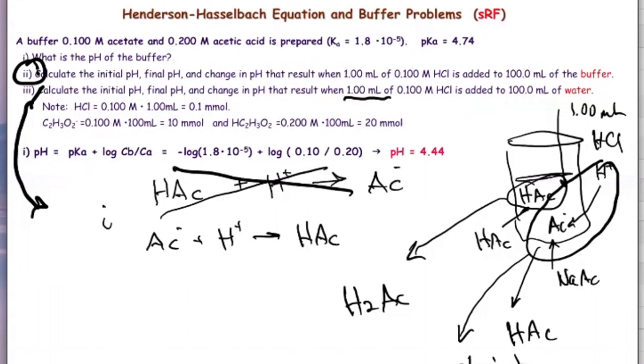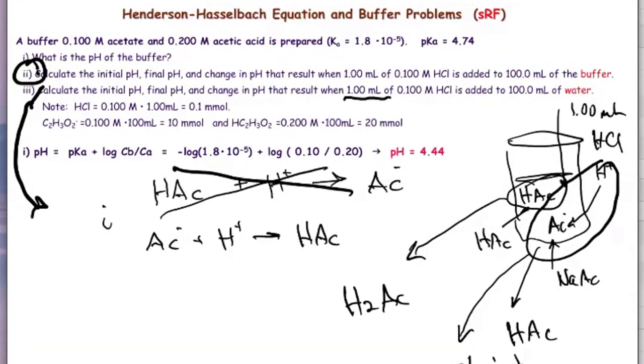A strong acid will always demand that whatever base is present, that base take on the hydrogen. So hydrochloric acid will always dictate that all the acetate consumes the H plus from HCl.